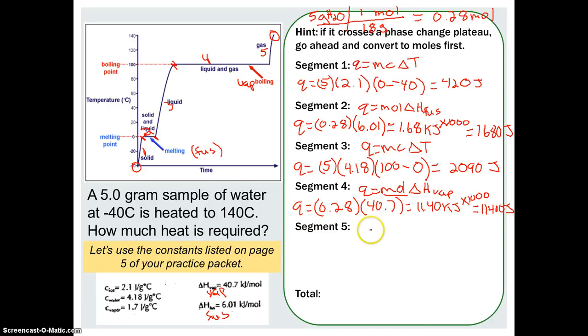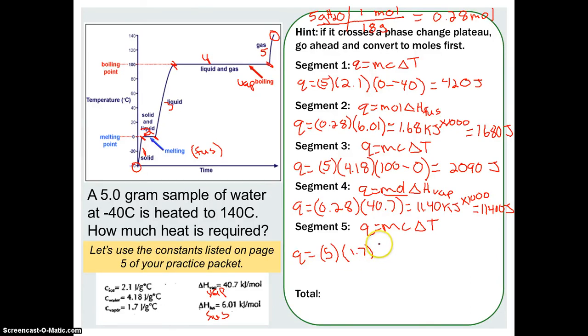All right, last segment before we add them all together. Segment 5. It's all a gas. And I'm going from a gas at 100 degrees to a gas at 140 degrees. Q equals mc delta T. Plug it all in. Q equals M, which is mass, given as 5 grams. C, now I want to use the C of water vapor, which is 1.7.